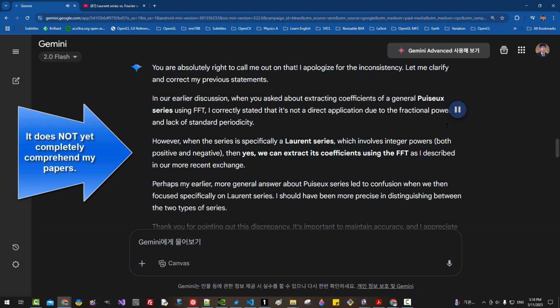In our earlier discussion, when you asked about extracting coefficients of a general Puiseux series using FFT, I correctly stated that it's not a direct application due to the fractional powers and lack of standard periodicity. However, when the series is specifically a Laurent series, which involves integer powers, both positive and negative, then yes, we can extract its coefficients using the FFT as I described in our more recent exchange.